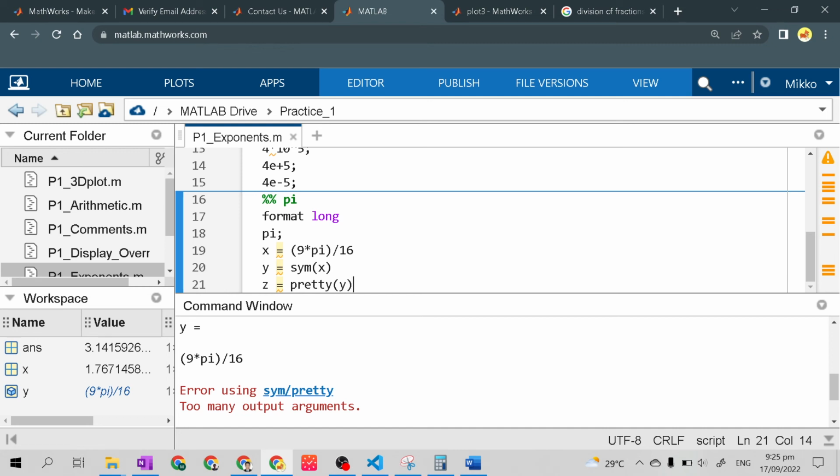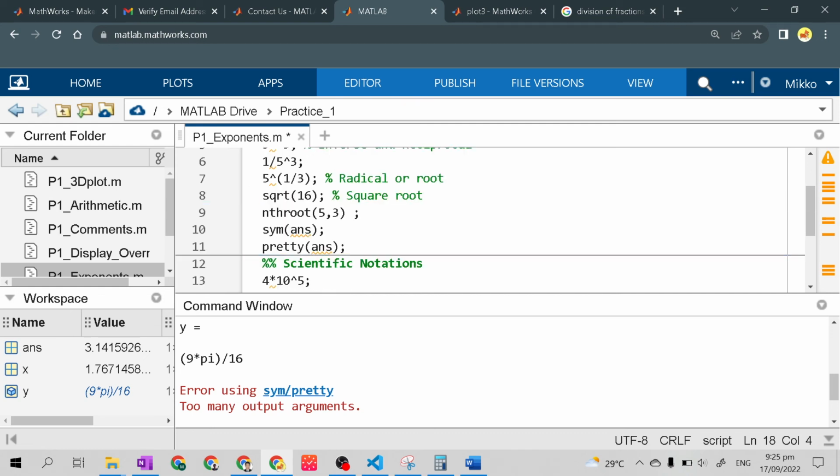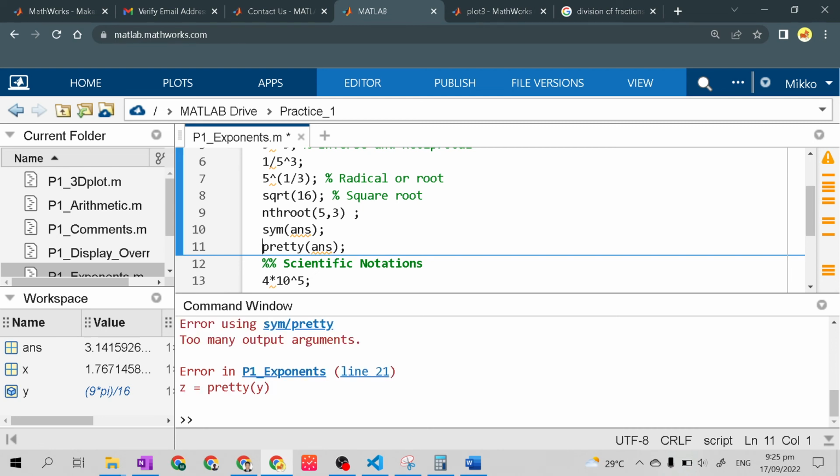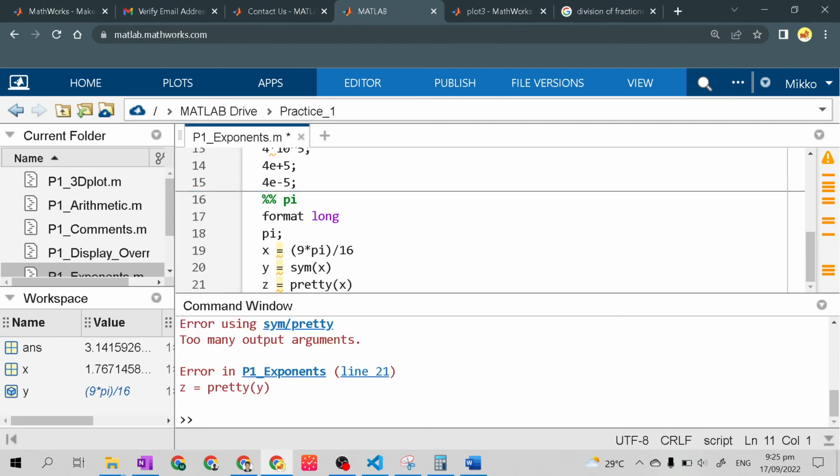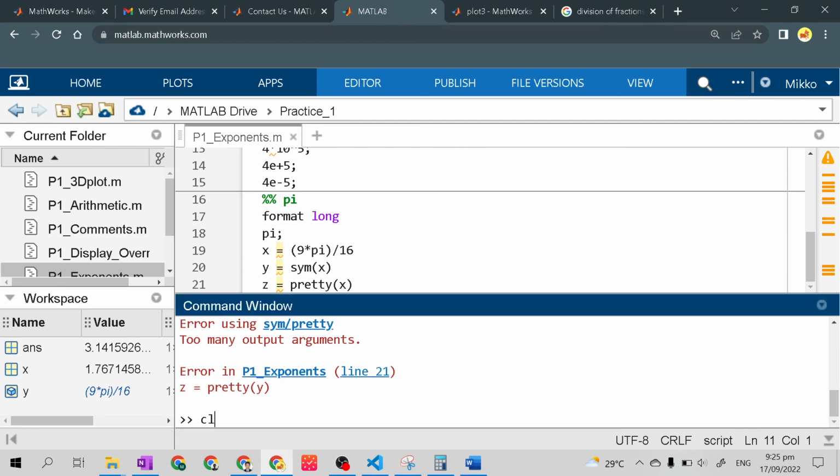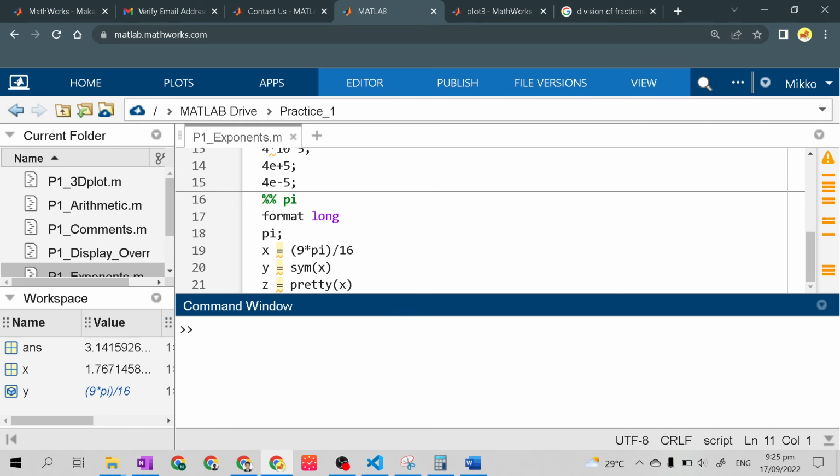Let's try x. Error: too many output arguments. Let's try again. CLC, F5.